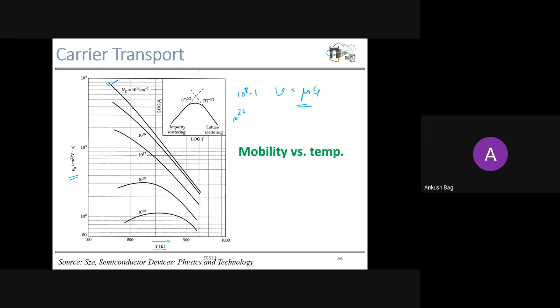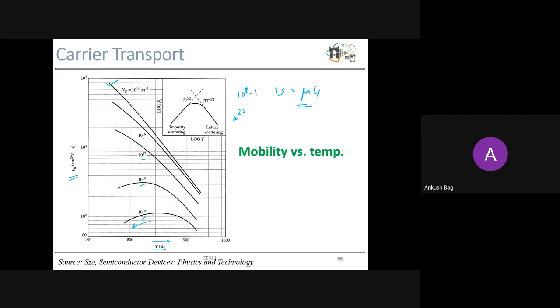Now this is when you have doped your semiconductor with 10 to the power 14 dopant. Now if we increase the doping level from 10 to the power 14 to 10 to the power 16, 17, 18, again 10 to the power 19, this is a very highly doped semiconductor. In a highly doped semiconductor, at very high temperature the mobility is decreasing. But when we dope this semiconductor very highly, at low temperature also it is decreasing.